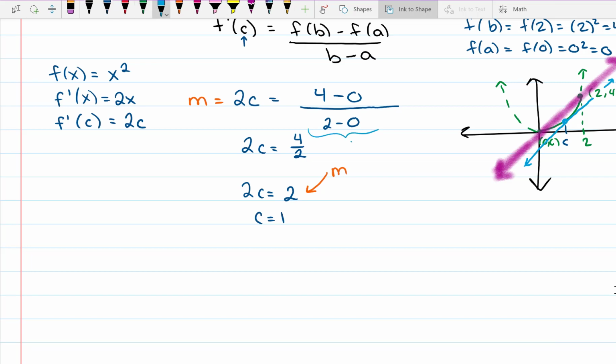So because of this, we know that the average rate of change is 2. So we need to show that f prime of c is equal to the average rate of change.